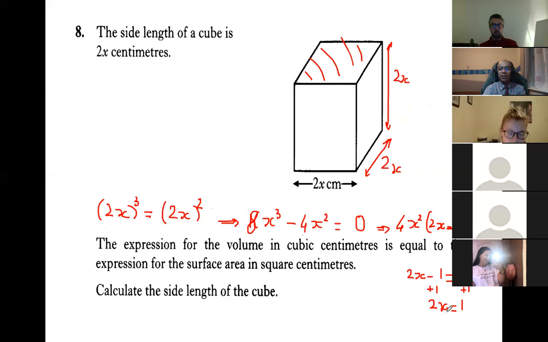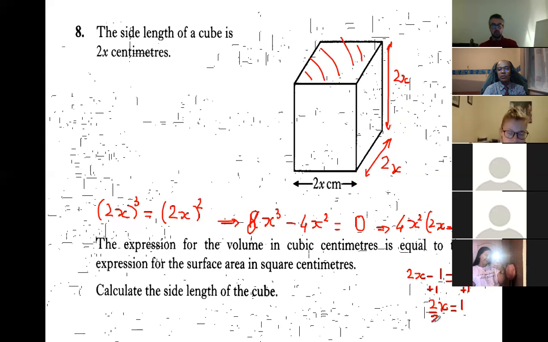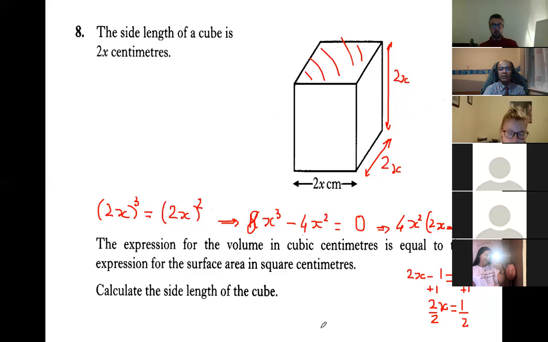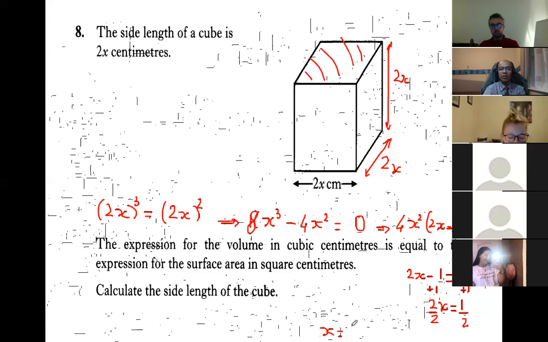So if I've got 2x equals 1, the opposite of times by 2 is just divide by 2. Then that means x is just a half. So x equals a half.